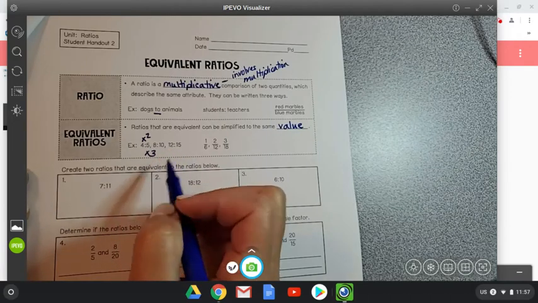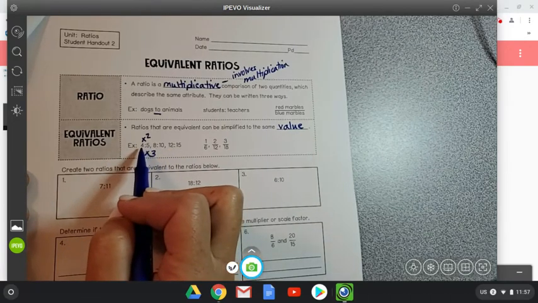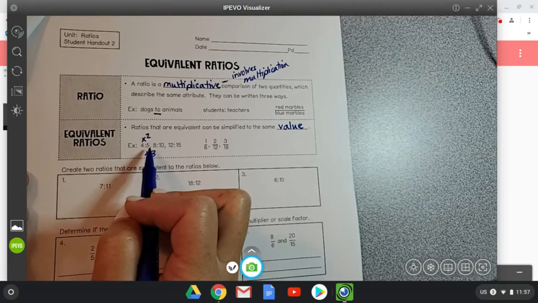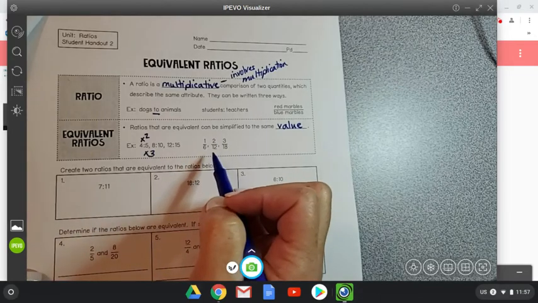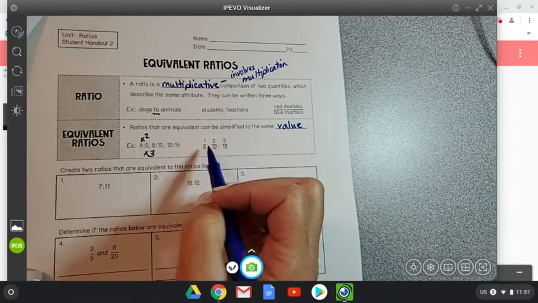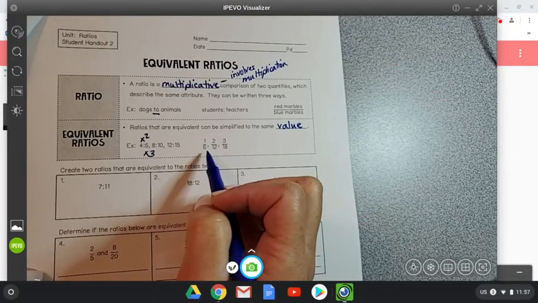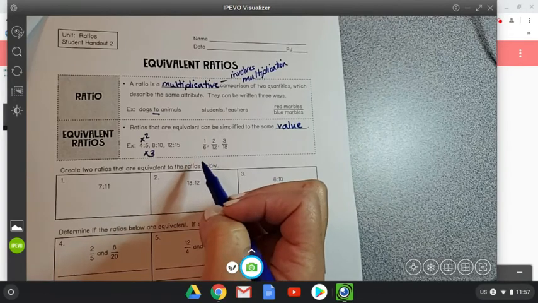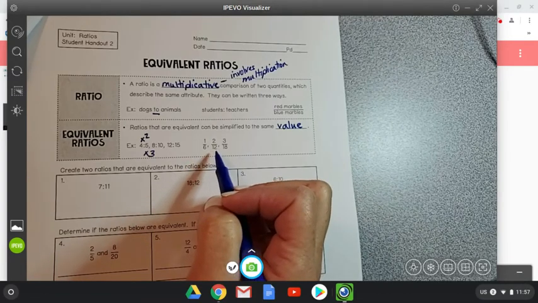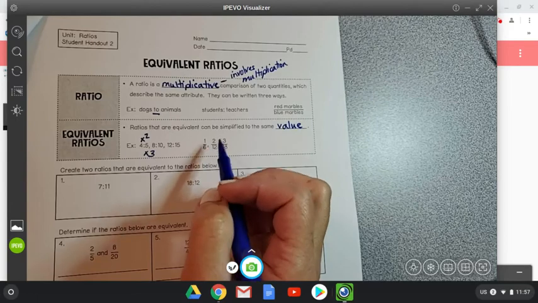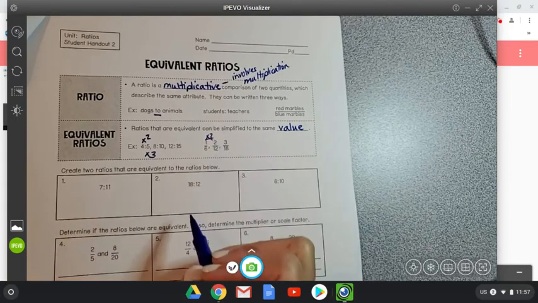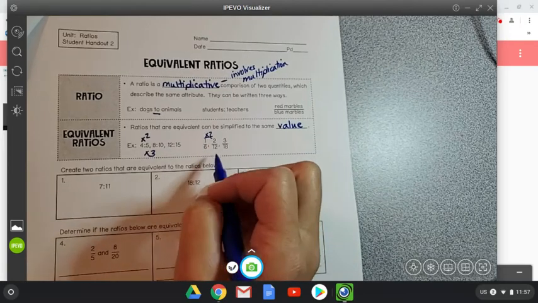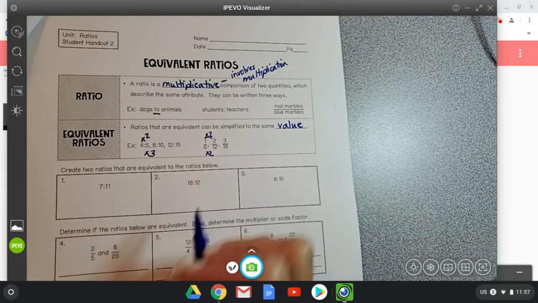So again, you have to be able to multiply both of the numbers by the same number, and that's going to give you an equivalent ratio. With the fraction, it's the exact same way. If I can multiply the top and the bottom by the same number and get the fraction, then we have an equivalent fraction. So in this case, I can take 1 times 2, and that's going to give me 2. And I can take 6 times 2, and that gives me 12.